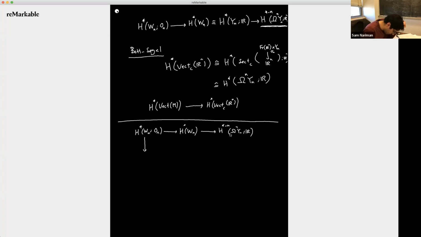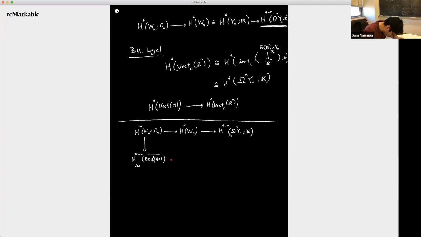Here, I also have a map, similar to the version that we defined, a fiber integration, to go to B Diff bar of M. This is actually too smooth.